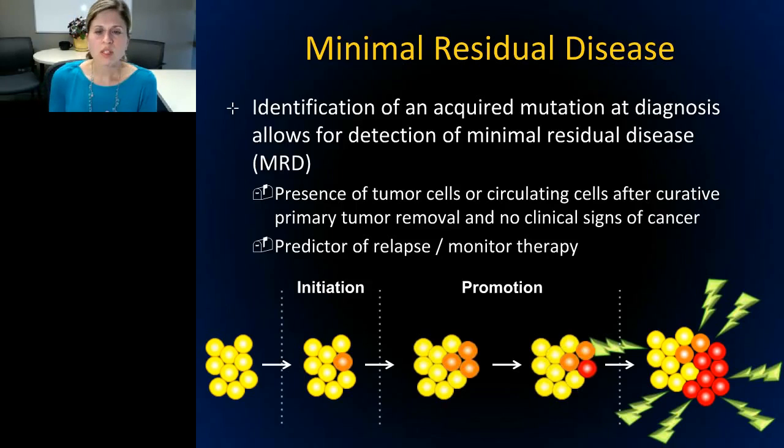So any of the tumor cells that might still be circulating after the curative treatment, and these are very, very useful for predicting whether or not a patient has relapse, or whether or not a therapy is working. Since these are circulating cells, they can be less useful in solid tumor malignancies, except for when those tumors have metastasized to distant sites. If you are detecting those solid tumor cells in the peripheral blood, then likely you are still seeing minimal residual disease.